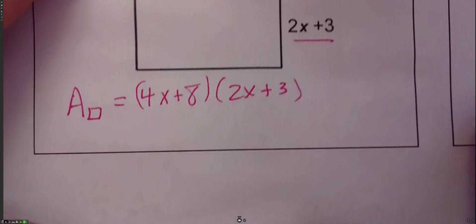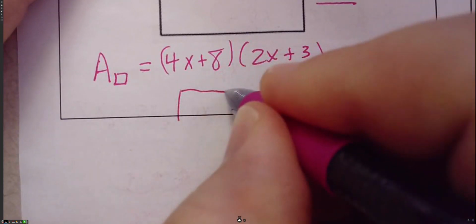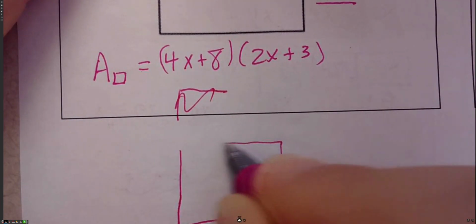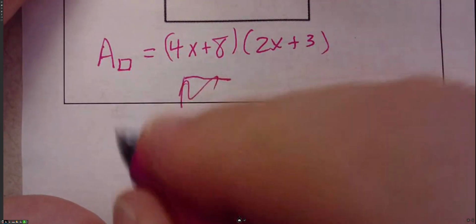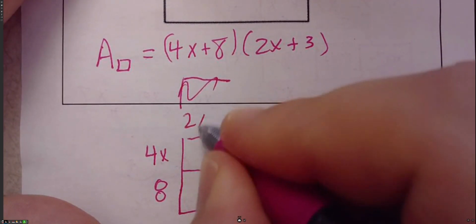Let's go ahead and do the box method on this just for funsies. Wait, I need more room than that. So we make our box. We need a 2 by 2. And this is what we're going to end up doing the most when we start to have to do these backwards.